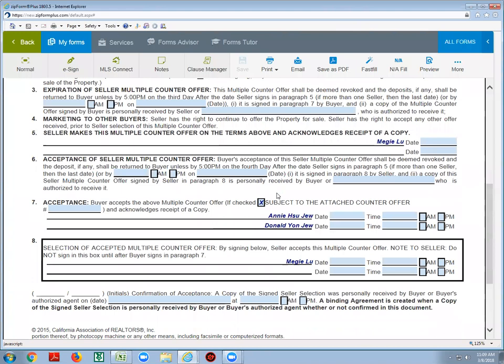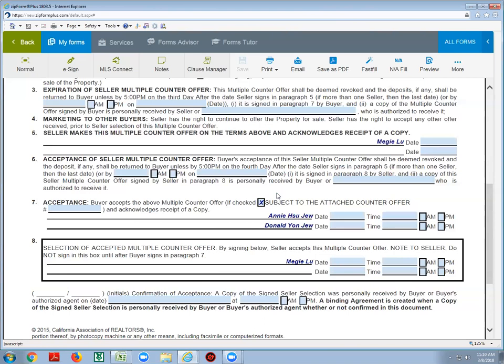Let me tell you something. If the seller or listing agent gives you the multiple counter because of pricing or any other terms and conditions, and your buyer says, okay, fine, we'll accept everything. But being a buyer's agent, if you really want to play smart, ask, we can surely accept it the way it is, or should we counter the seller? Counter the seller for what?